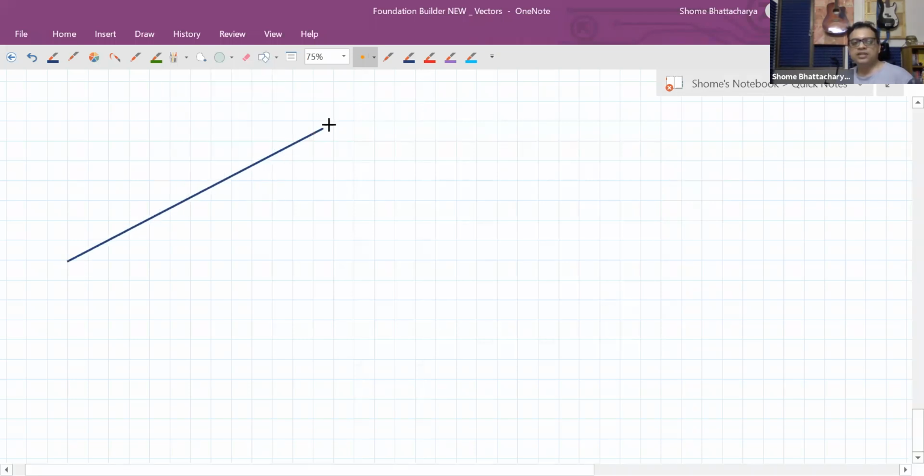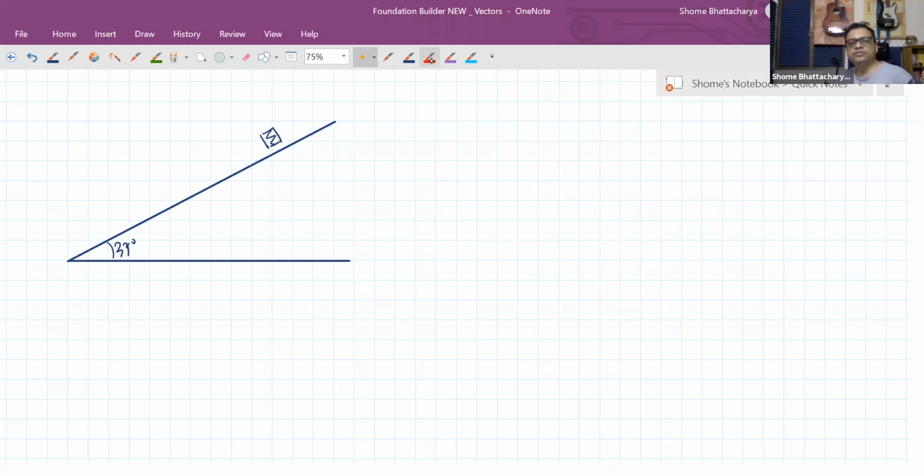So while the body is sliding down the inclined plane, now the direction of frictional force that will act will be like this, because it will oppose the motion. This is the direction in which the motion is taking place.